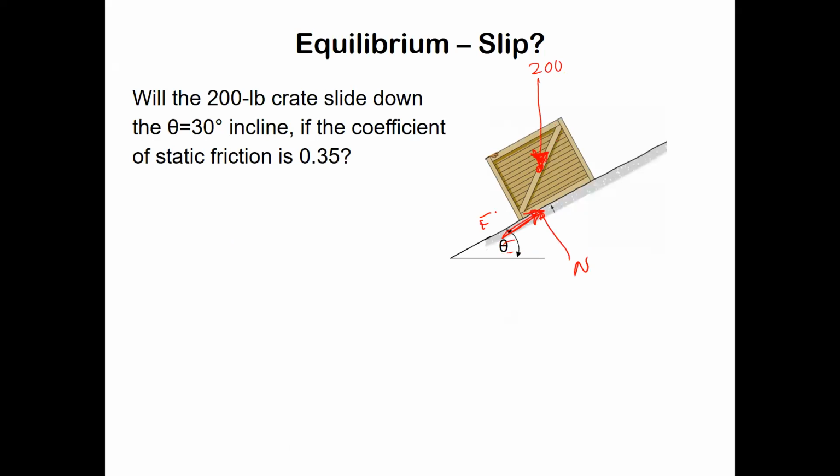Okay, and the analysis can be helped by tilting your axes so that you have an x-axis that goes up the plane, a y-axis that goes normal to the plane, or the ramp, the incline. And you can see that it's possible to express the weight in these x and y coordinates.